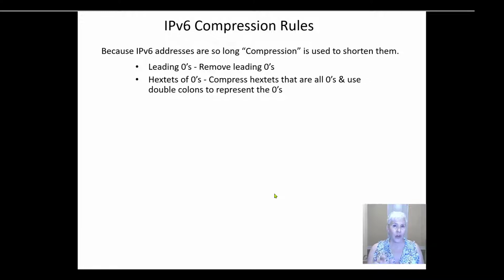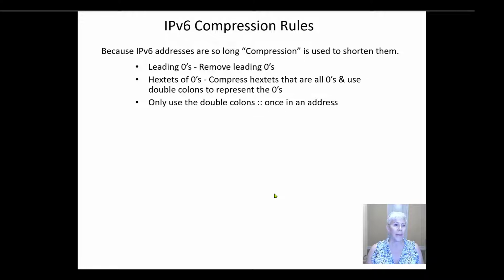Hextets of full zeros can also be compressed, and then you can just use a double colon to represent that hextet of zeros. I'm going to give you some examples of this so it will make it more obvious. The other thing about double colons is you can only use double colons once in an address.